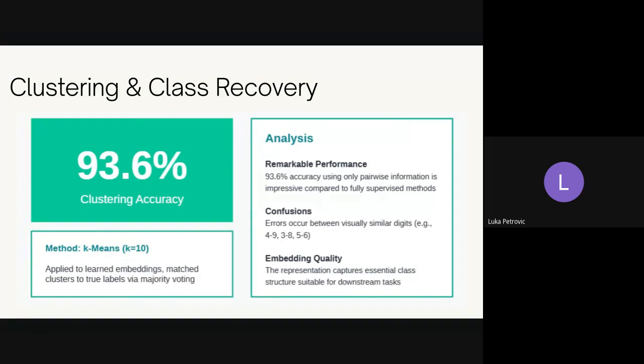So this is our result. We have 93.6% clustering accuracy. What this number represents is that we applied k-means clustering, which is a completely unsupervised algorithm, on the embedding, and we got 93.6% of digits assigned to the cluster that represents the true class.